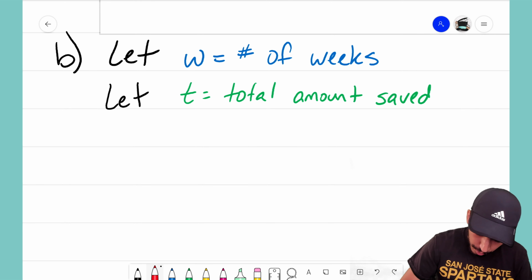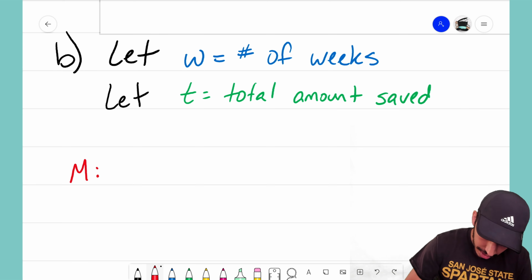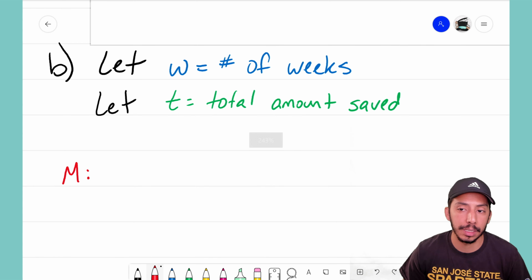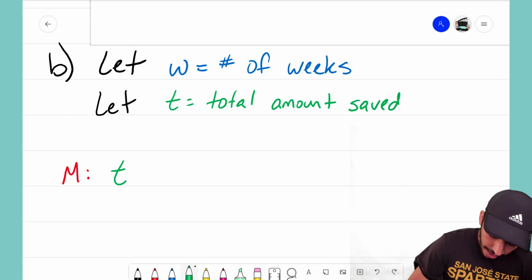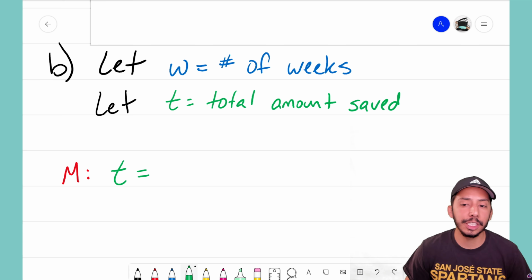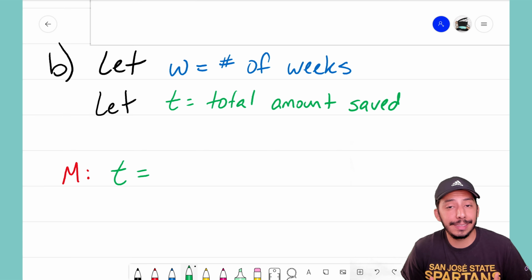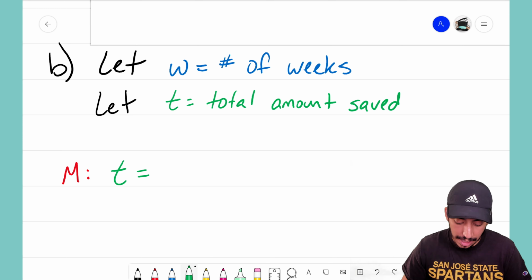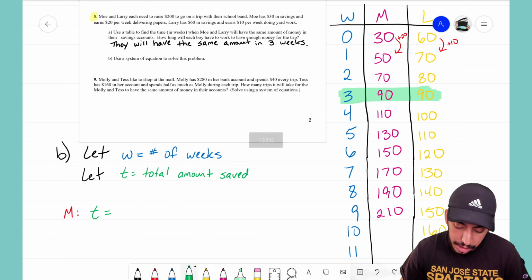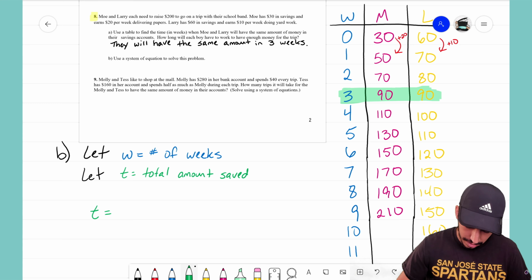So now we need to come up with an equation for our friend Mo. Now, for Mo, I'll start you guys off. We're trying to figure out the equation of his savings account. We want to know how much he is saving. So we're going to have T equals. How much does Mo start off with?